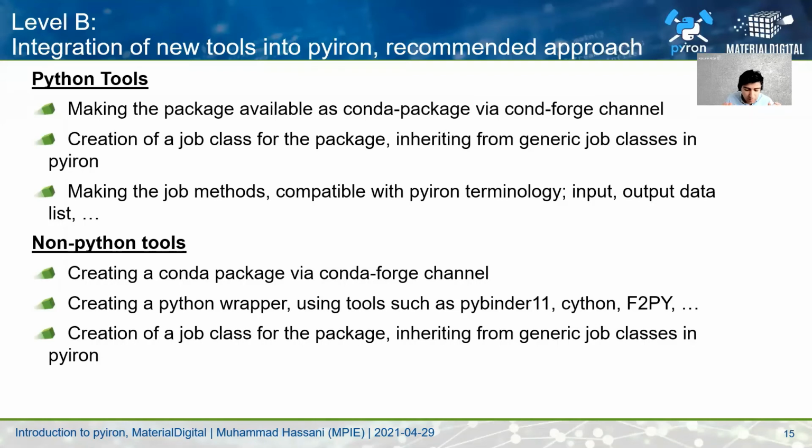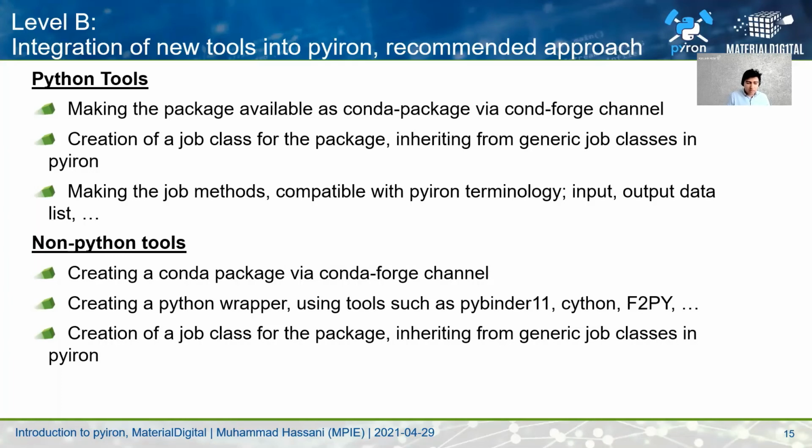It is recommended to make it available as a Conda package via the conda-forge channel. And then in the next step, you need to create a job class for the package, inheriting from generic job classes in Pyiron, and then making the job method compatible with Pyiron terminology, like input, output, data list, etc.